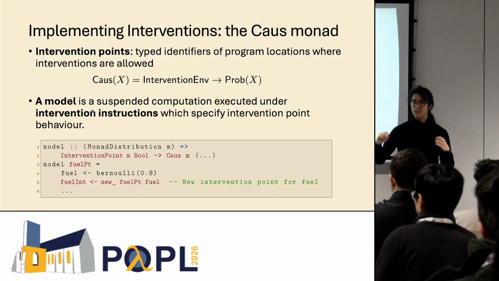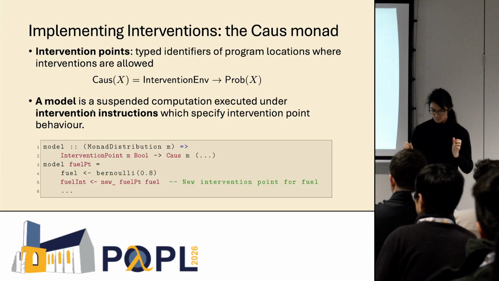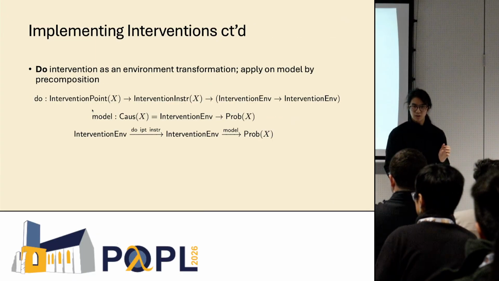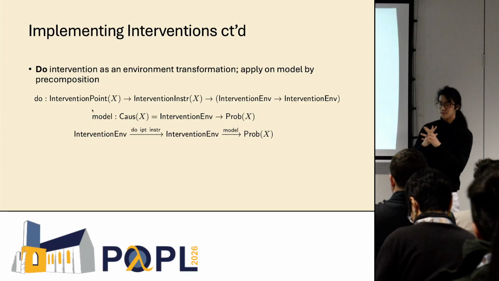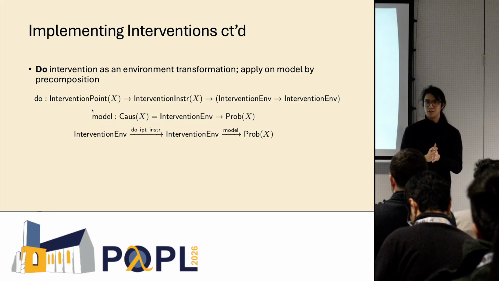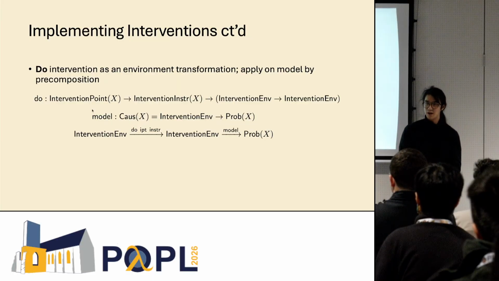And fuel enters the return with what comes out of applying all of these interventions. The good thing about presenting things this way is that instead of doing program transformations, we can formulate the idea of inserting an intervention in a program as doing a transformation on the environment.